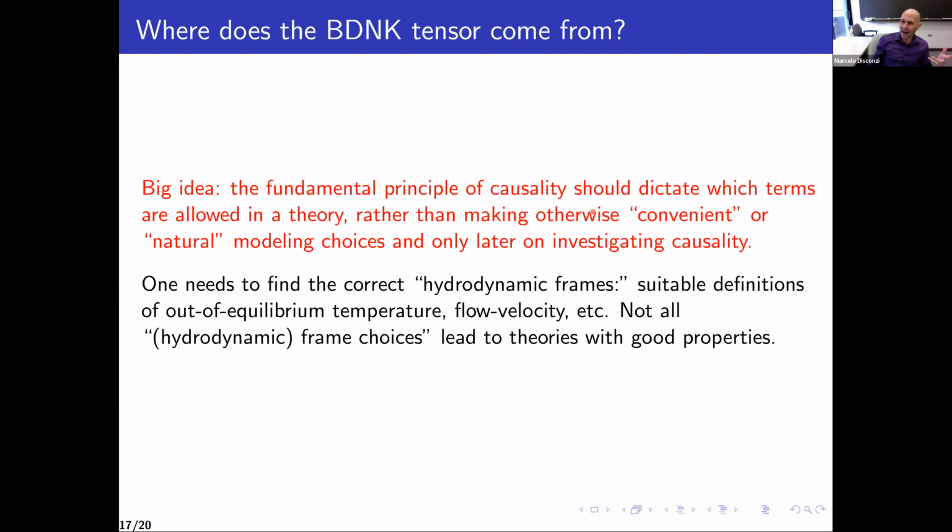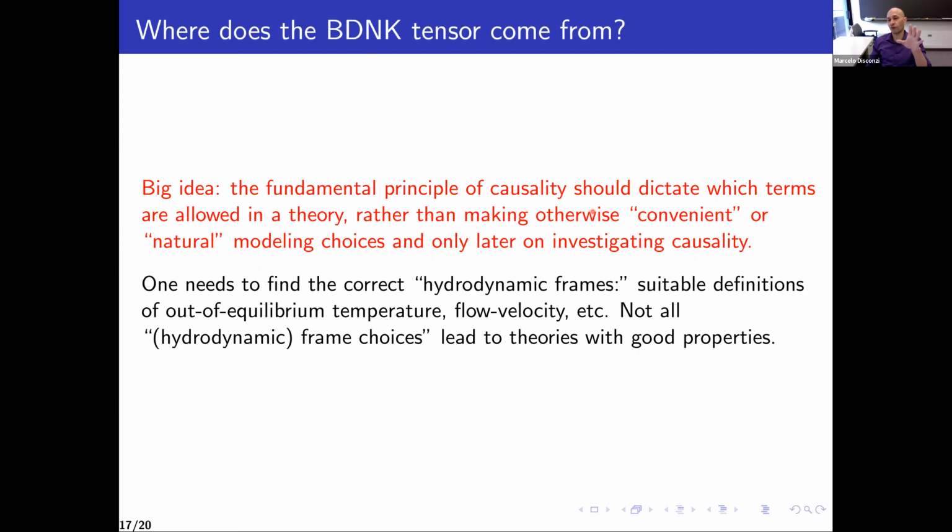Now, how that's done in practice is a long story. I don't have time to discuss it, but it goes back to the idea that if you have a non-equilibrium theory, there is always a certain ambiguity in defining what you mean by temperature, density, and velocity when you're out of equilibrium.